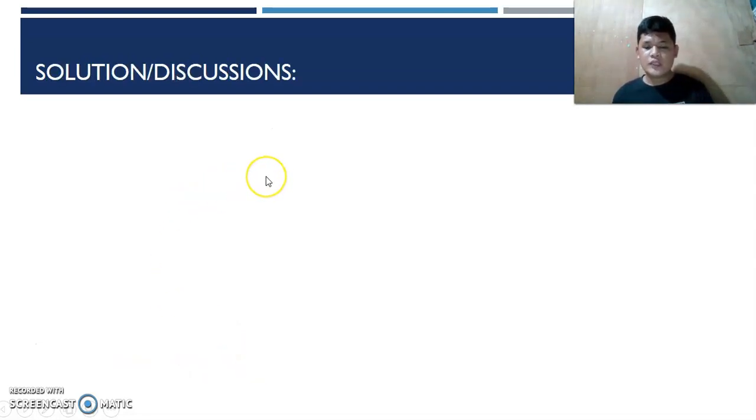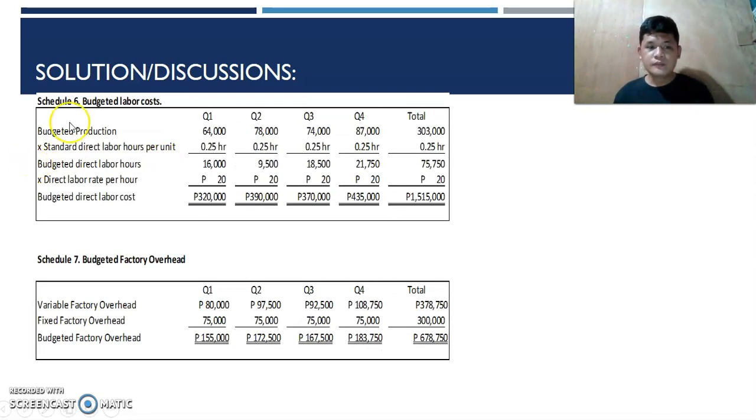So, ito na yung solutions and discussions for direct labor costs. Budgeted labor cost, so budgeted production, given ito, class, 64, 78, 74, and 87,000. So, i-multiply natin ng standard direct labor hours. Di ba, class, sa isang unit daw, matatapos yung isang unit ng 0.25 or 15 minutes. Naintindihan? So, ibig sabihin, yung 64,000 units, matatapos siya ng 16,000 hours.